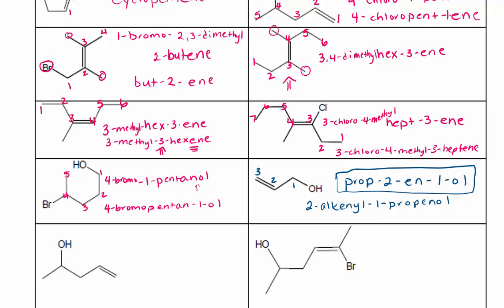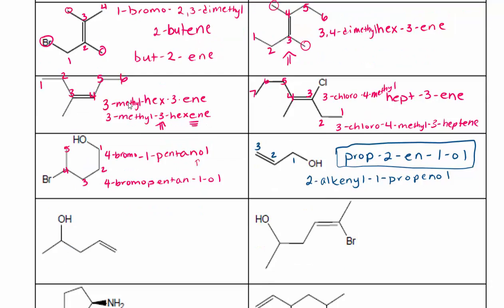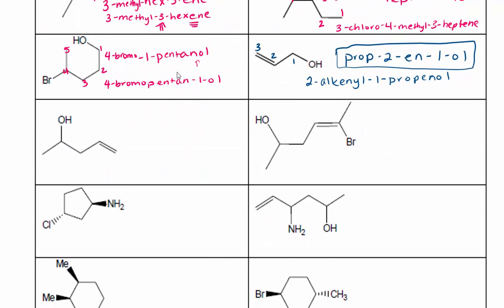For the next compound, again, we have an alcohol and an alkene. So the alcohol has priority in numbering and with the ending. So this would be pent-4-ene-2-ol. This one as well. 5, 6.